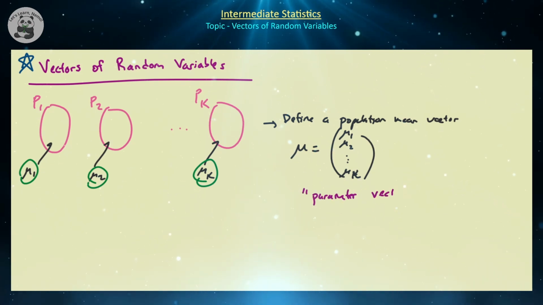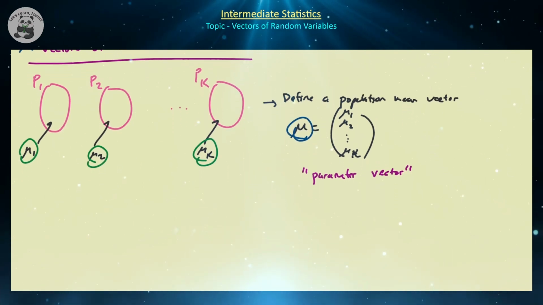Since we're talking about random vectors, a parameter vector is not a random vector, because that's the statistics and parameters world. Statistics depend on the random sample they're associated with, but they're all trying to estimate the same fixed parameter set, or parameter vector in this case, which is mu.